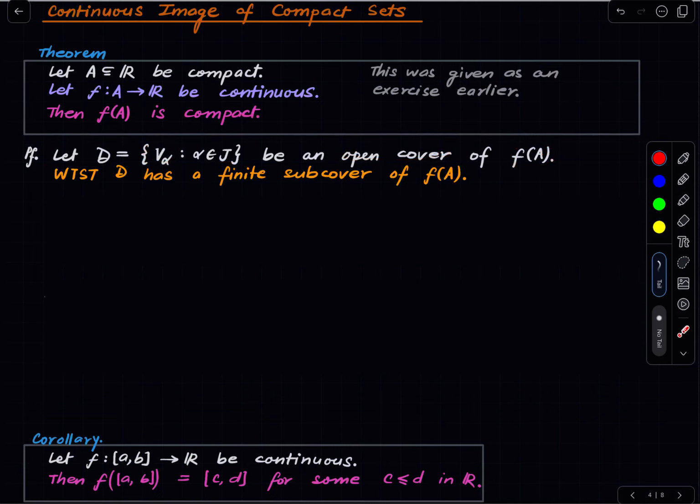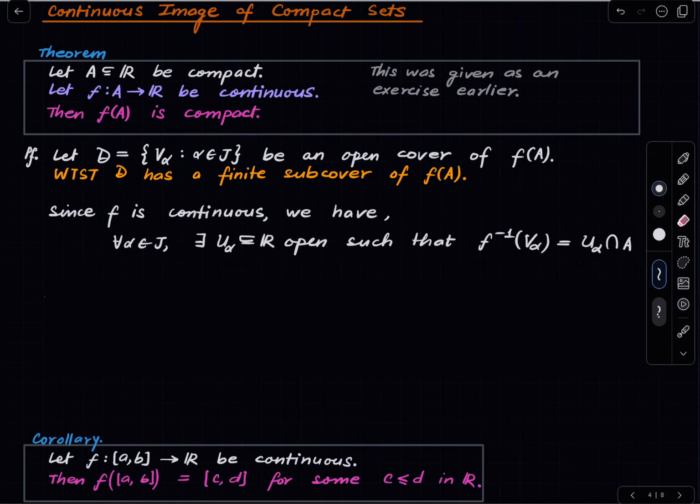All right. And here is the main point. Since f is a continuous function, we showed earlier that you take any open set and take its preimage, that can be written as the intersection of an open set with the domain of the function.